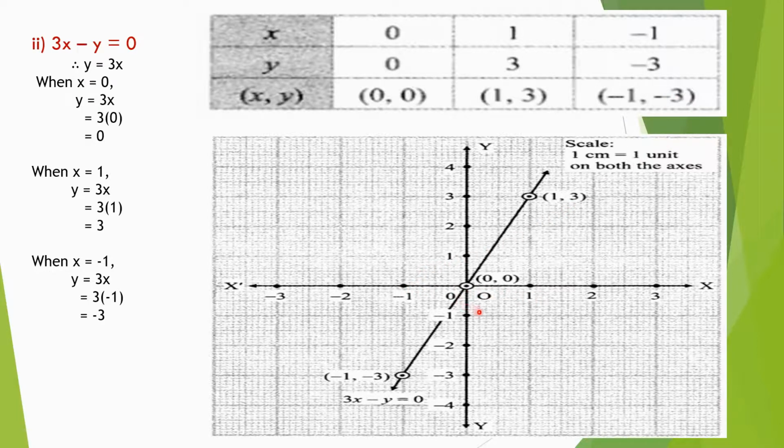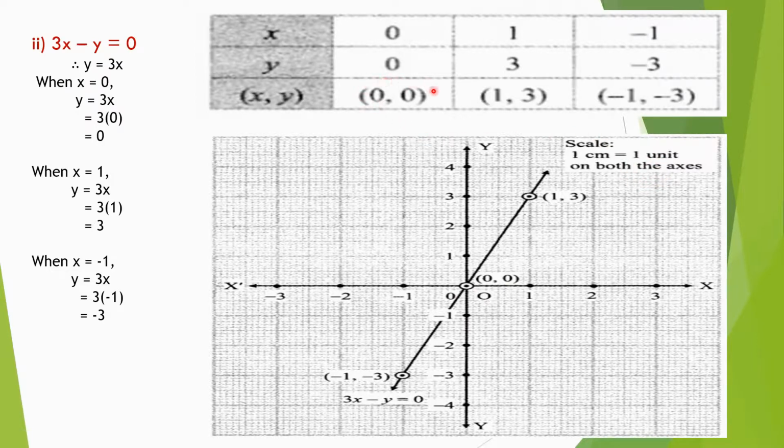The horizontal line is X dash and the vertical line is Y dash, and the intersection point is the origin (0, 0). Write the scale here also: 1 centimeter is equal to 1 unit on both axes. After that, you have to plot the following points.